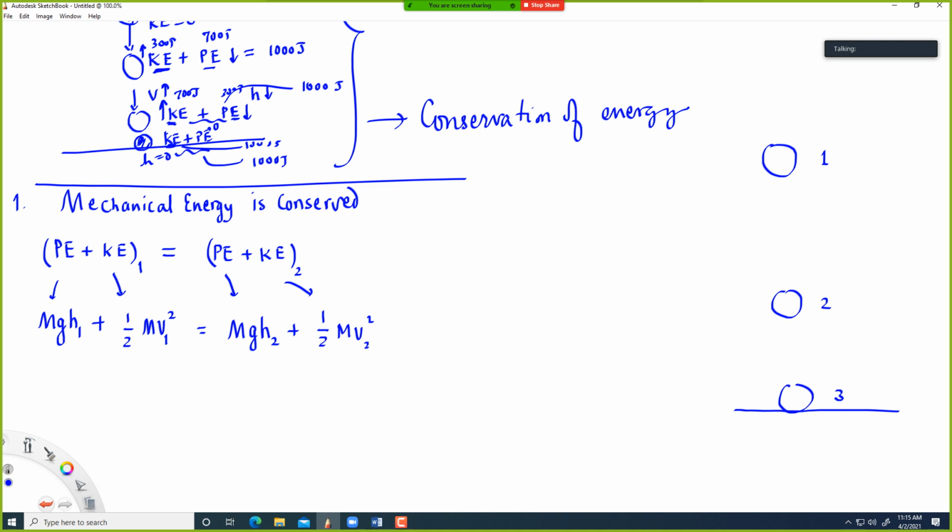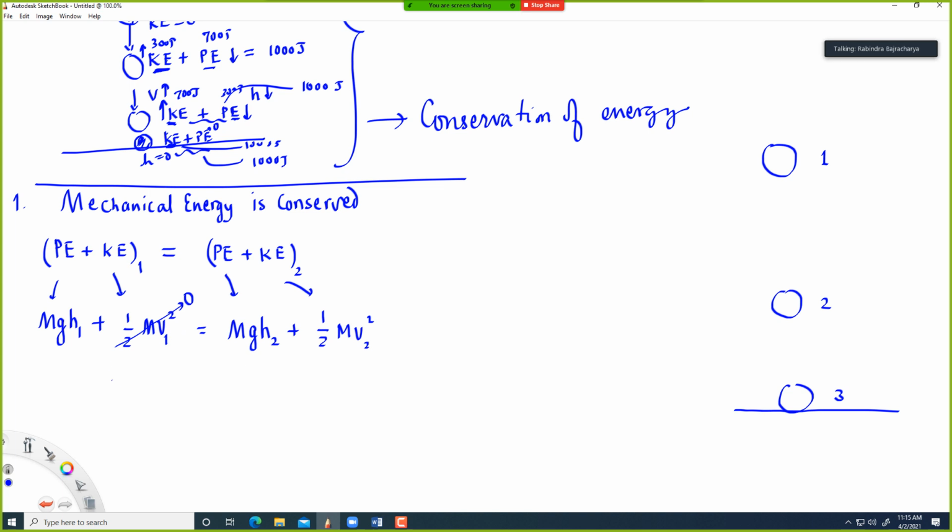Initially the rock is at rest. The person is holding the rock initially, so it's at rest. That means this term is 0 because the speed is 0.